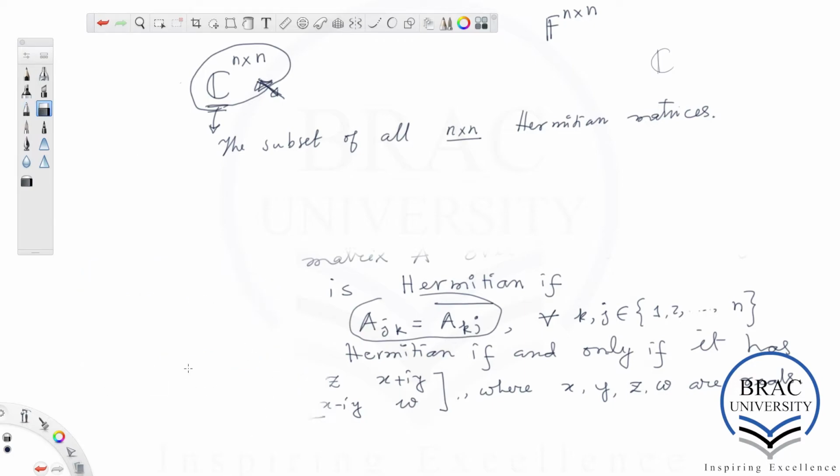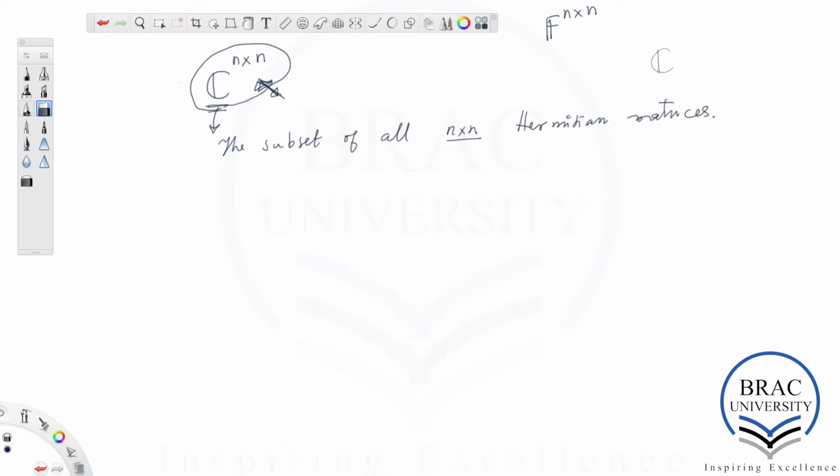The subset of all n times n Hermitian matrices in C to the n cross n does not form a vector subspace.